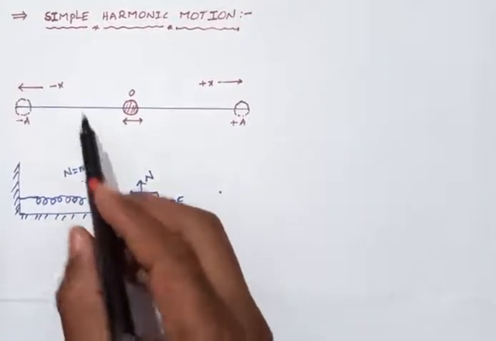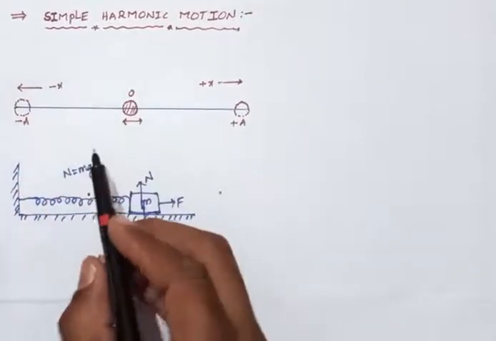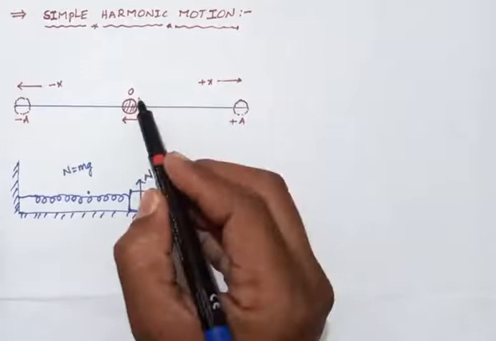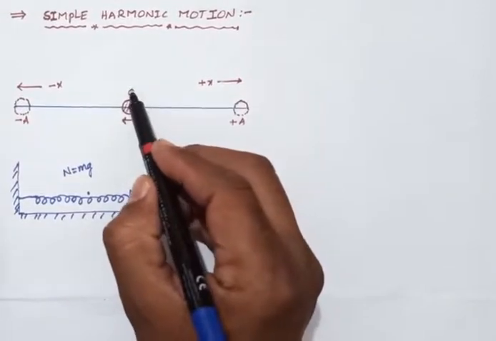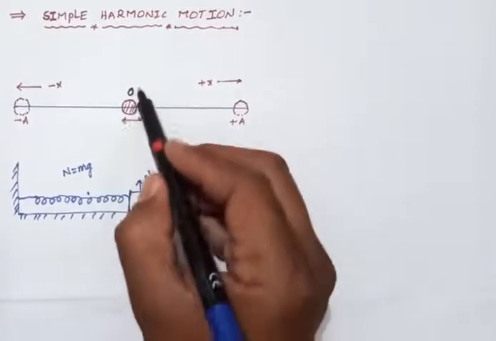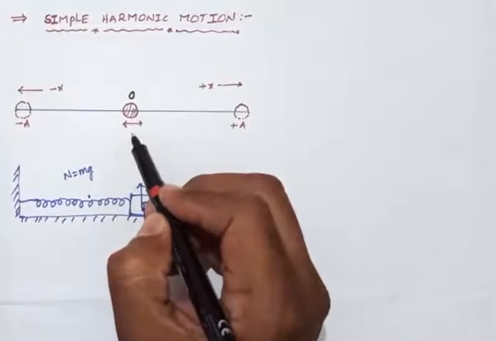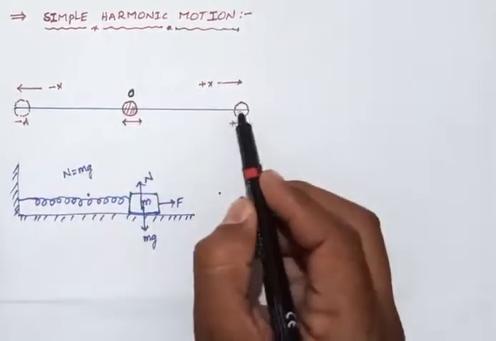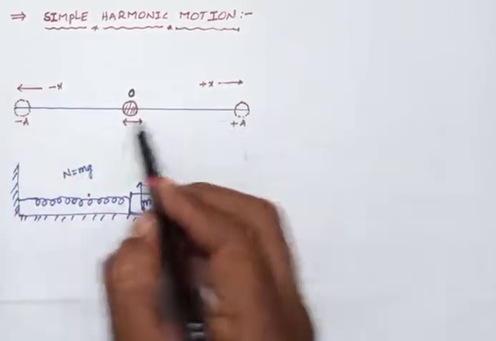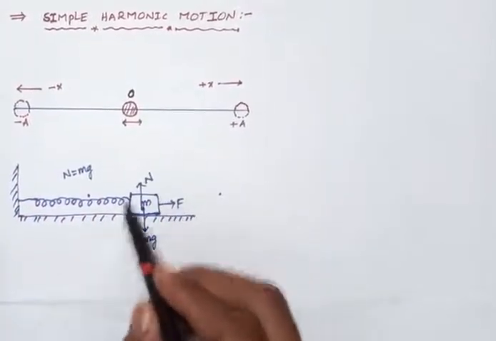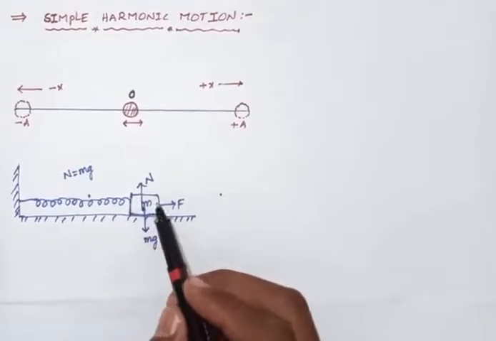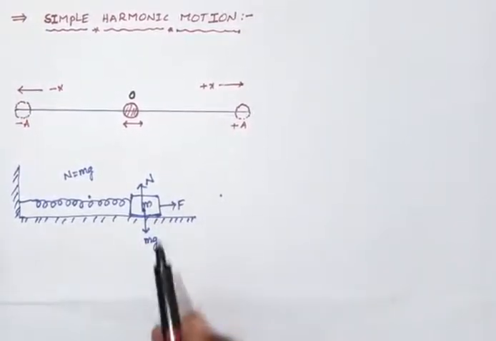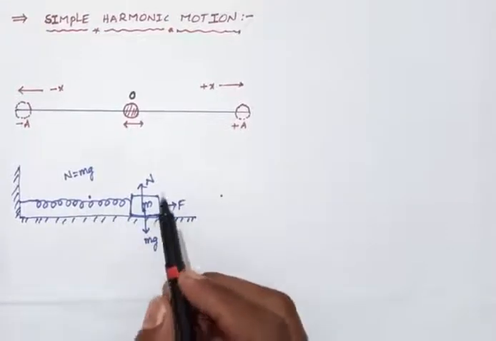Same here, we consider a body, a particle. That particle is at point O, the mean position. It oscillates to and fro continuously, like the body on the spring. It consists of to-and-fro, back-and-forth motion.